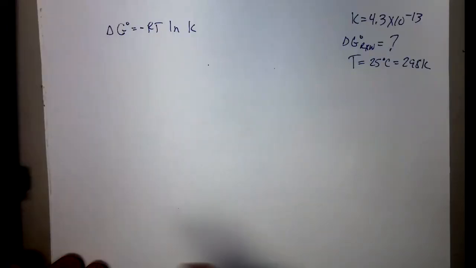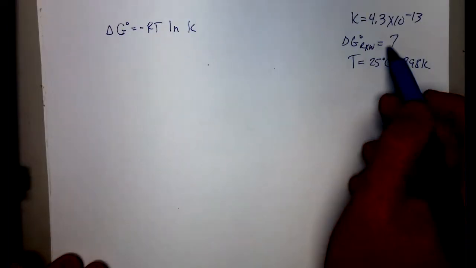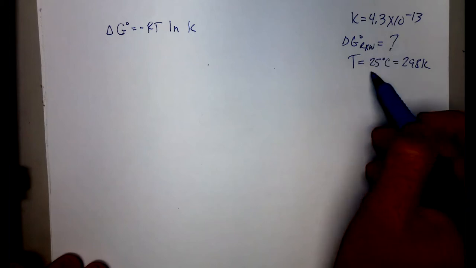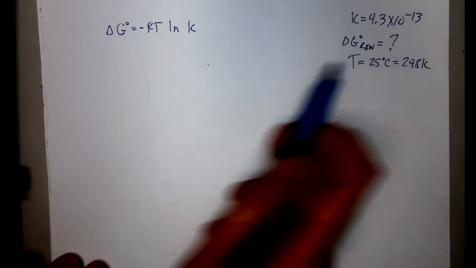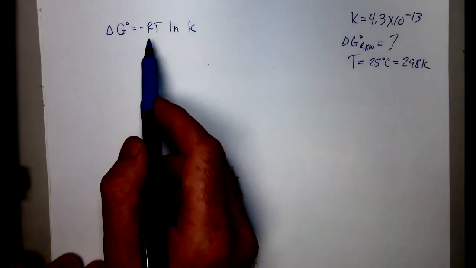So looking at this problem, we know the equilibrium constant. We want to solve for the delta G. T is 298 Kelvin. R, remember, is our universal gas constant, but we'll have to put it in kilojoules.